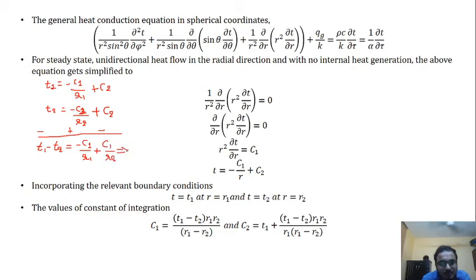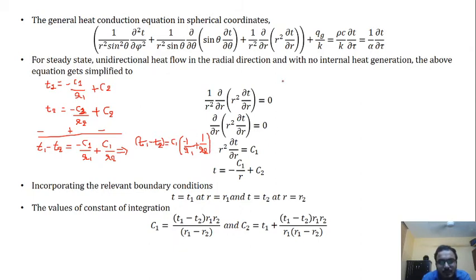So implies that what we will be getting out of this is T1 minus T2 is equal to C1 into the bracket minus 1 upon R1 plus 1 upon R2.